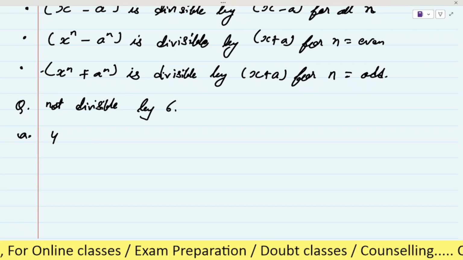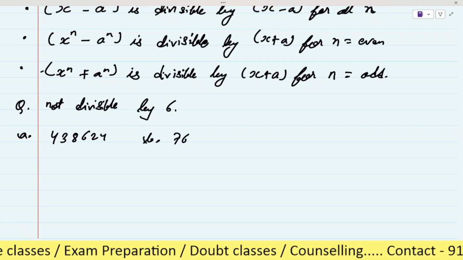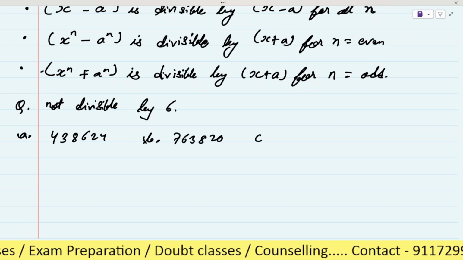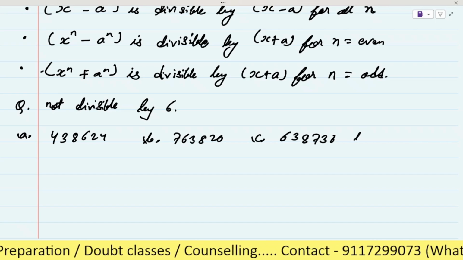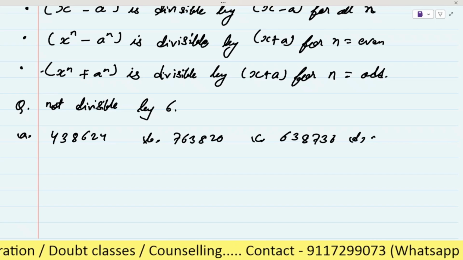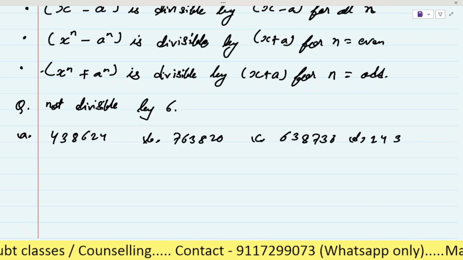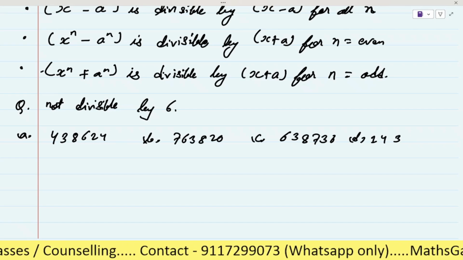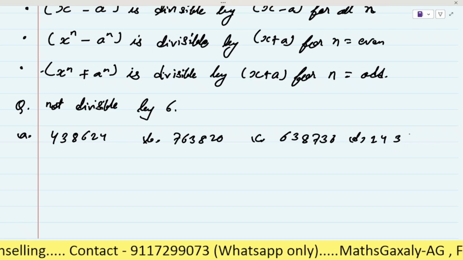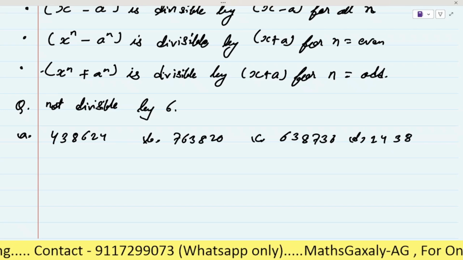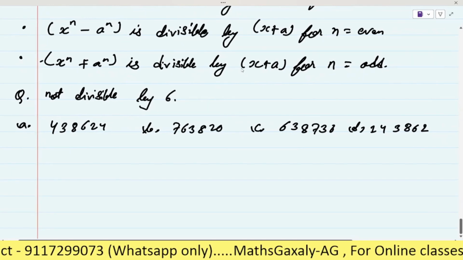The first one is 438,624, second 763,820, C 638,736, and here it will be 143,862. So which one will not be divisible by 6? Can you please tell me?